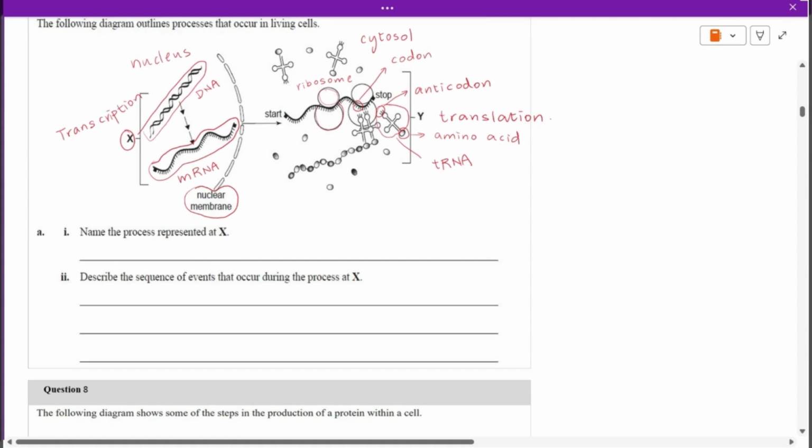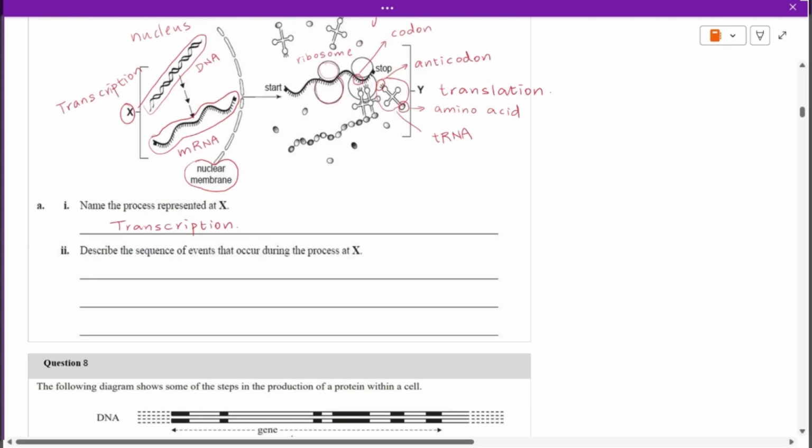Question 1, name the process represented by X. Based on our interpretation of the diagram, X is transcription. Okay.